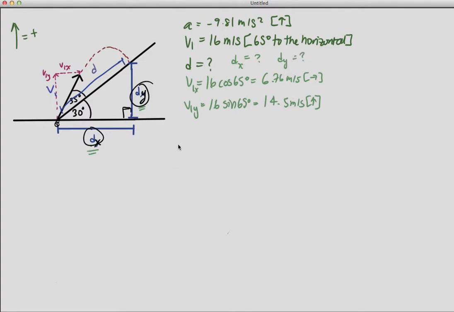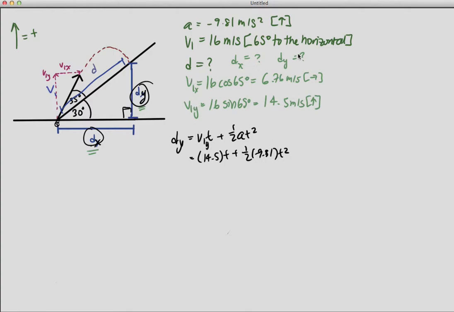So we can start off with our vertical direction, and we can write dy, and we can use our first kinematics formula, which is v1y t plus 1/2 a t squared. Now we can input our variables that we know here as 14.5 t plus 1/2 times negative 9.81 t squared.